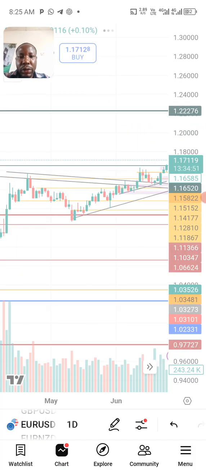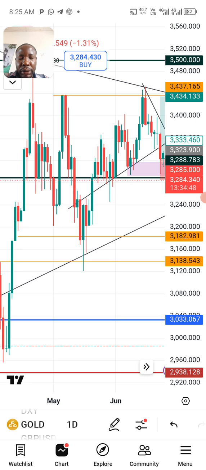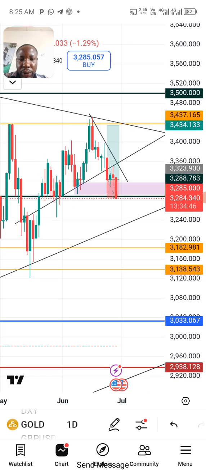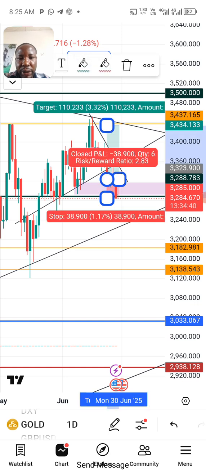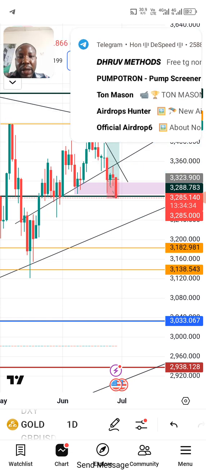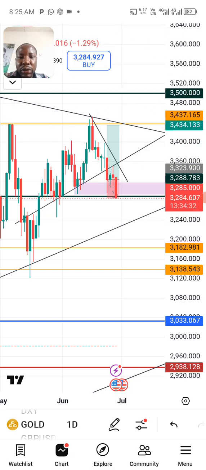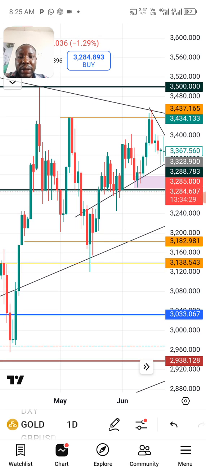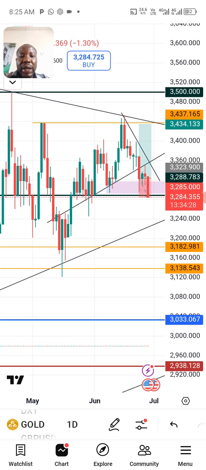So this is gold, right? Now you see this analysis I did here. I just placed this trade, and it's heading straight to my stop loss, and that is why I'm doing this video, so that you guys will understand that the market going to the roof is not just the basics.